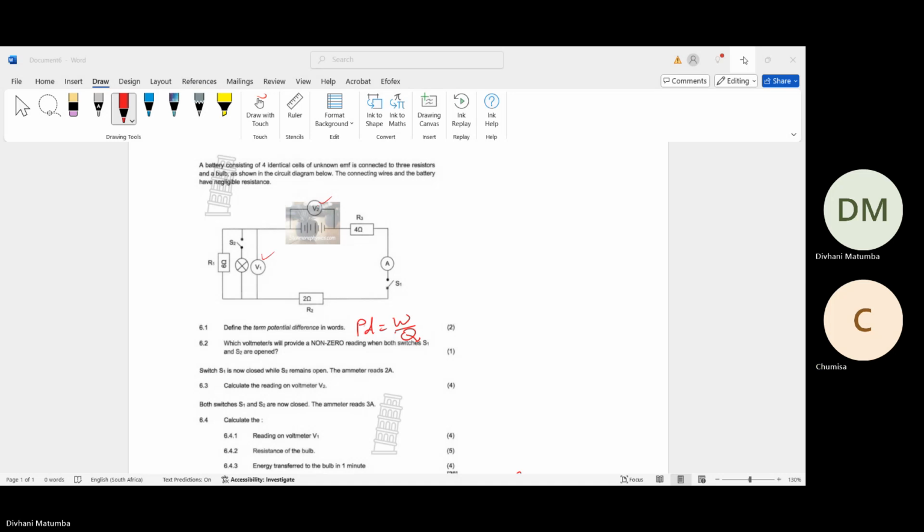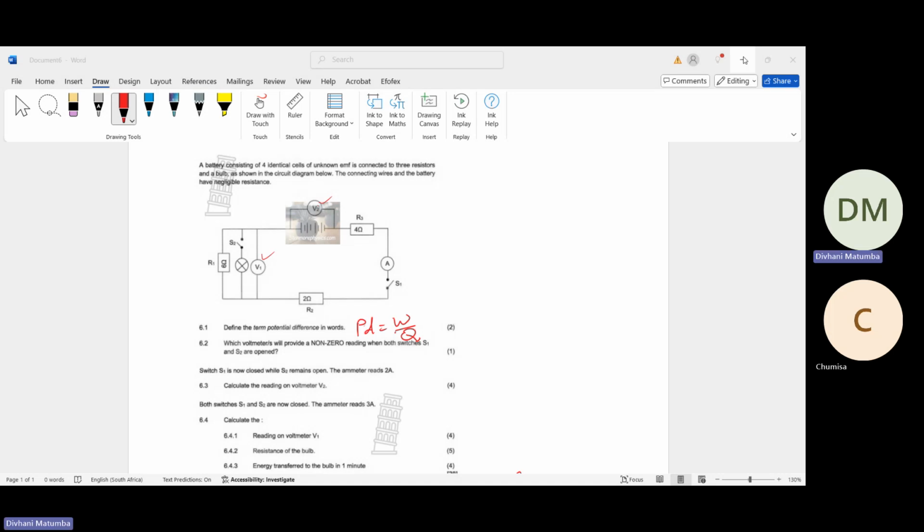Yes, sir. So if there's no current flowing through the circuit, it means that there won't be energy consumed by your resistors, meaning your resistors won't use any voltage.